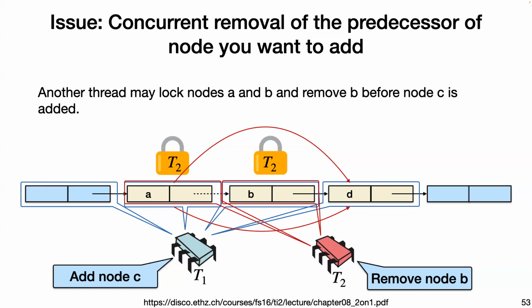Let's say thread 1 does this optimistic pass, and it sees B and D, and it's like, okay, I need to insert C between B and D. And it tries to grab the locks on B and D. But in the meantime, thread 2 grabs the locks on A and B, and it deletes B. It can do that because thread 1 has not locked B. Thread 1 is just trying to get B. And then thread 2 deletes B, and thread 1 is still trying to get B, but it has not yet.